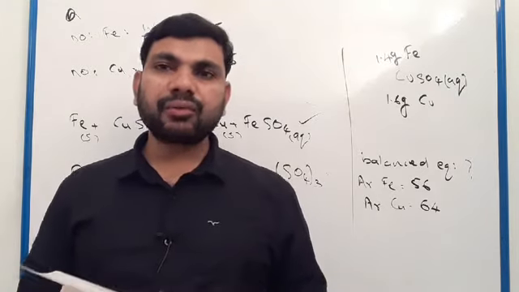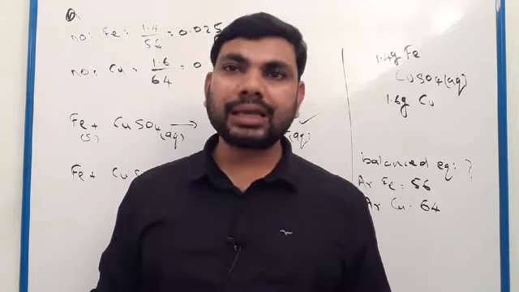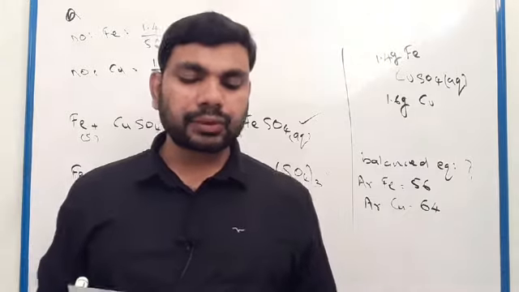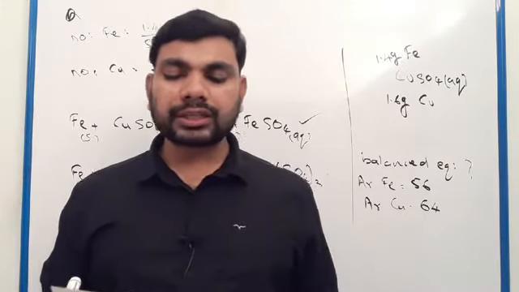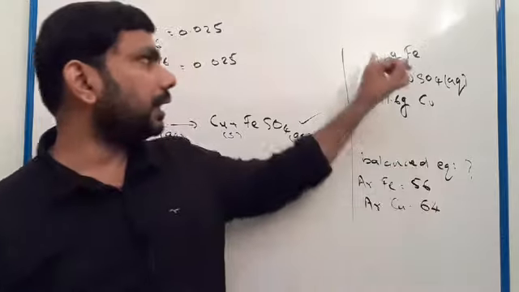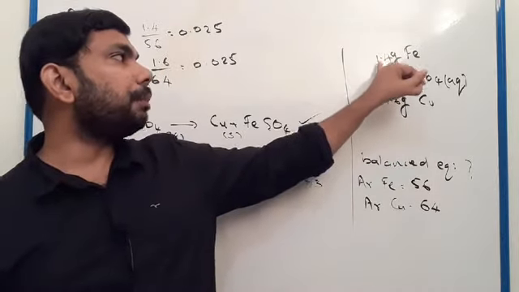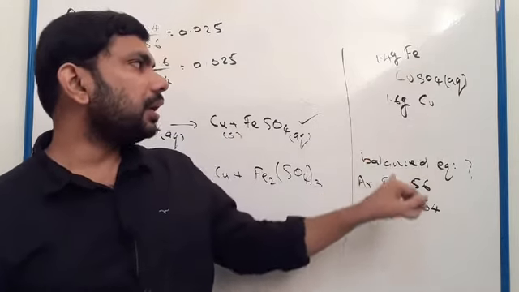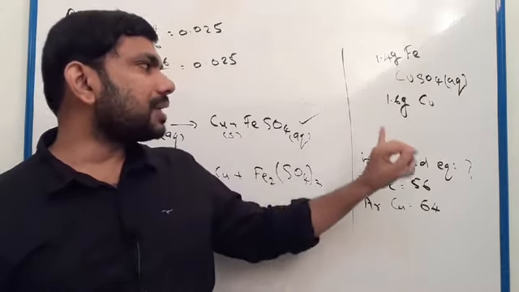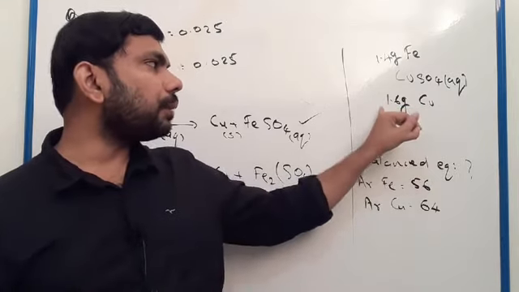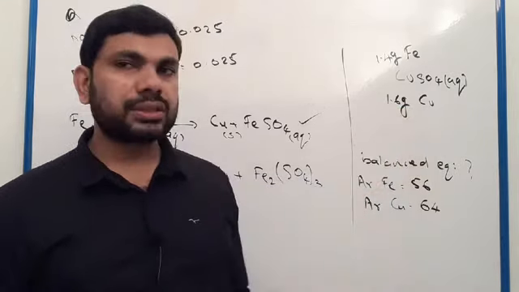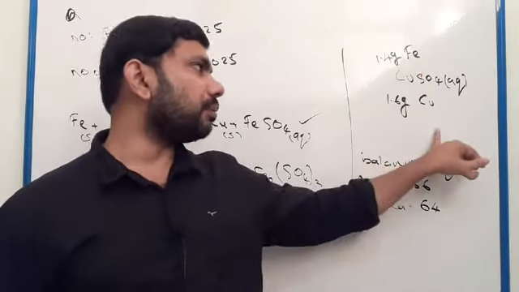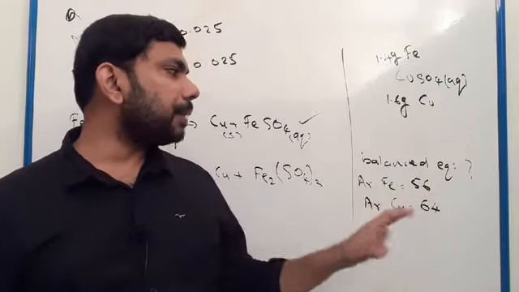So using this information we have to write a balanced equation for this reaction. I will read the question once again: 1.4 gram iron reacted with aqueous copper sulfate, forming aqueous iron sulfate and 1.6 gram copper. This is the information from the question. So write down the balanced equation.